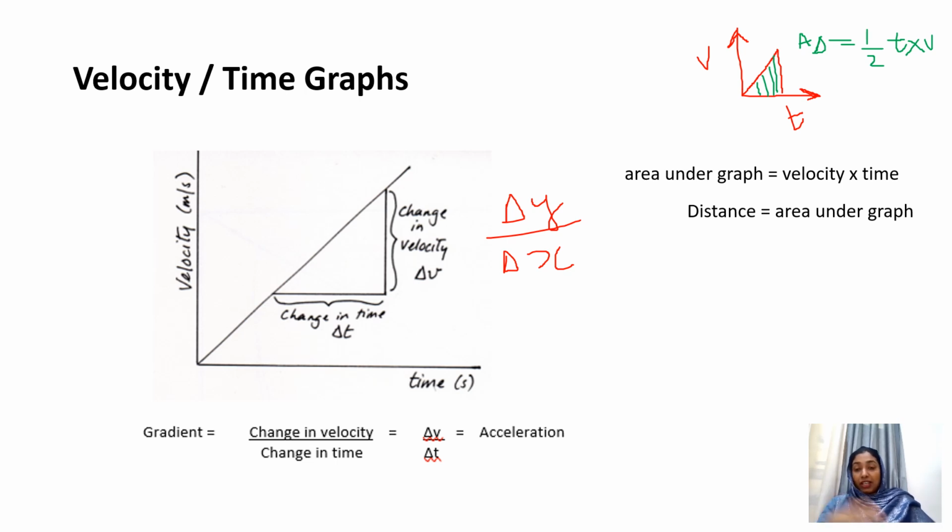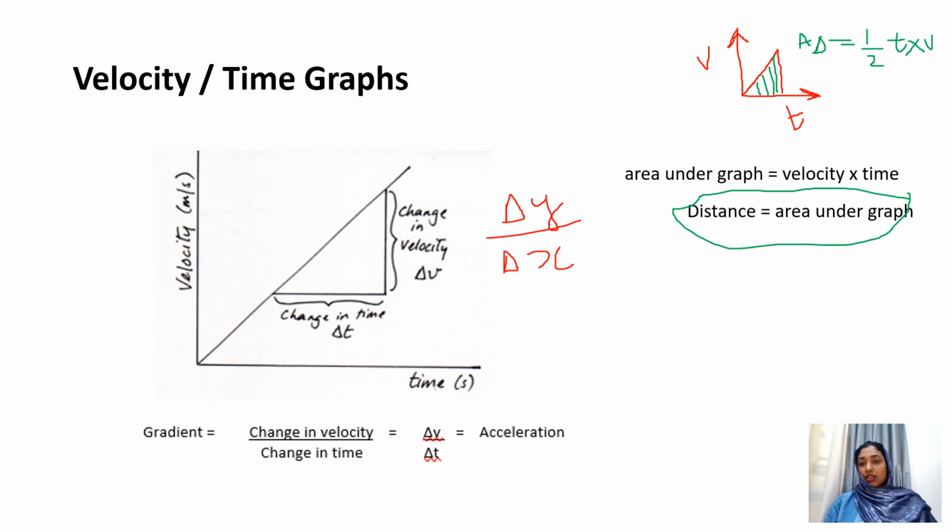If it is a speed time graph, we will get the distance, and if it is a velocity time graph, we will get displacement. Understood? Very important.